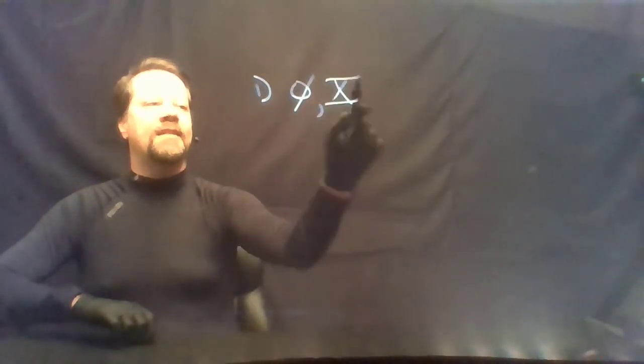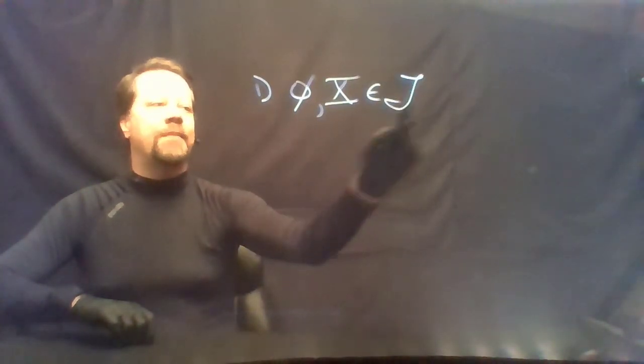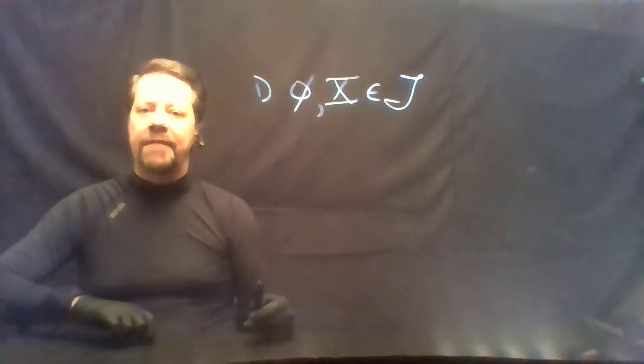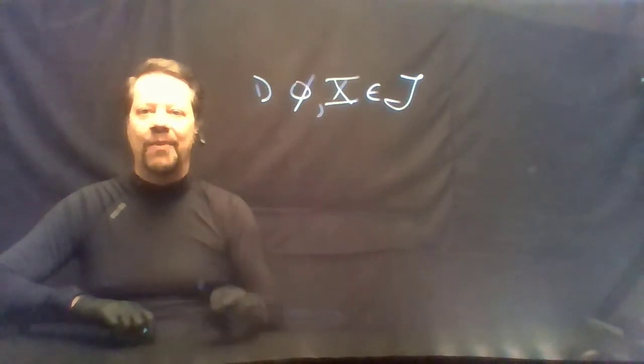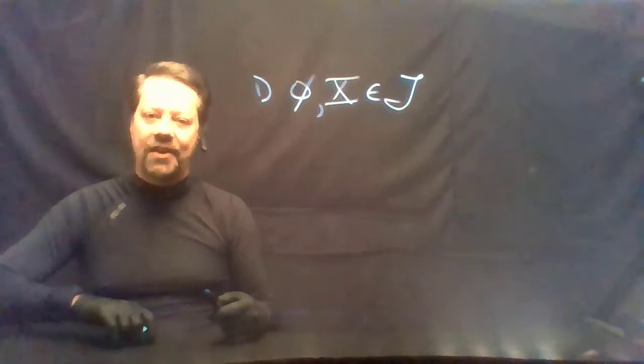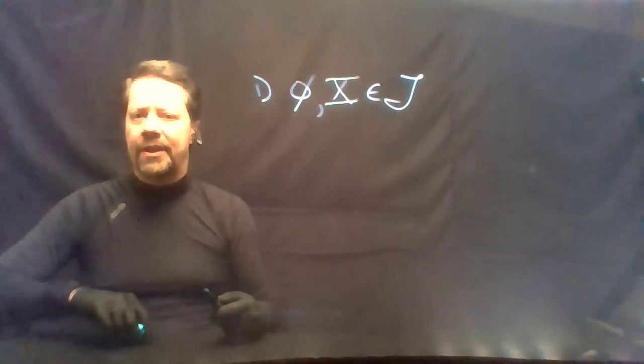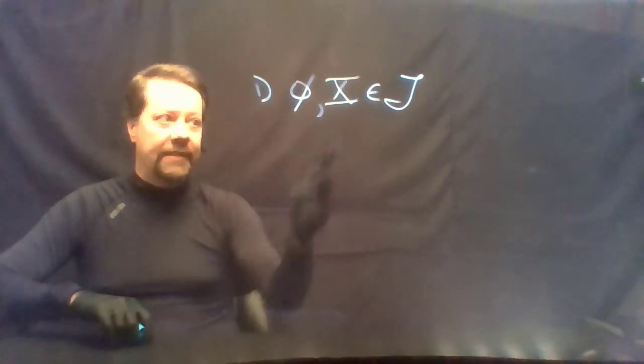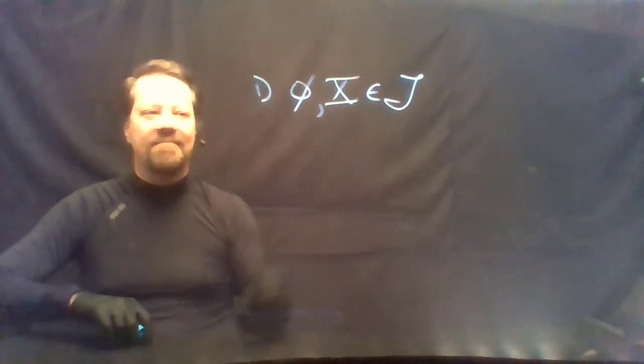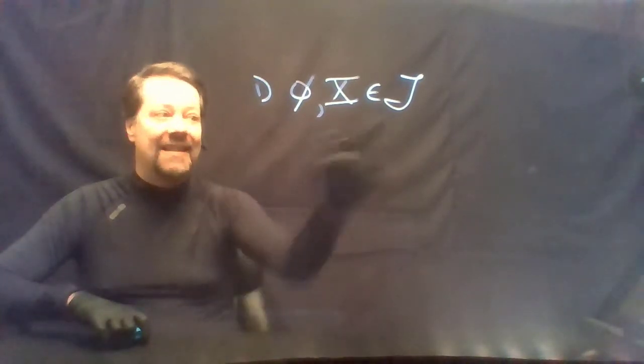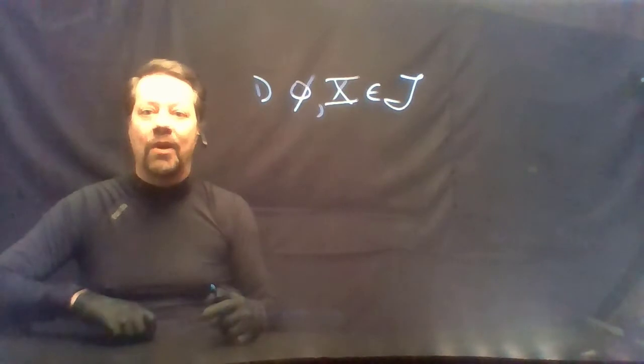First, both the empty set and the set itself must be elements of the topology. They must be defined as open sets. By the way, we'll define a set to be open with respect to a particular topology if it is an element of that topology. So everything in T, the topology, is what you call an open set.